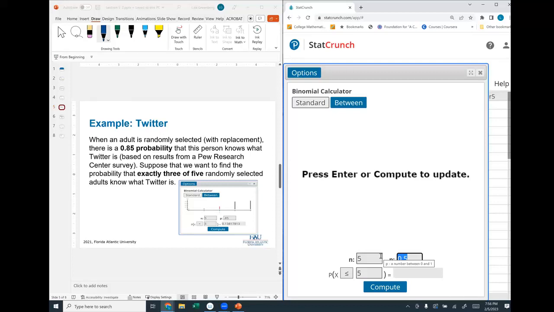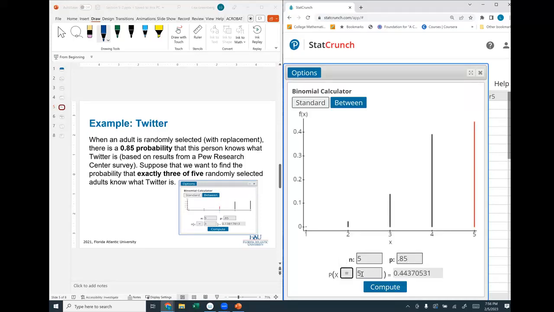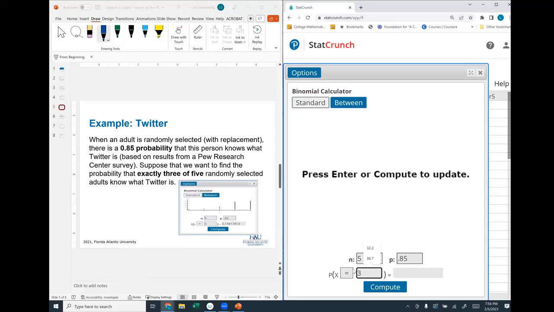So that's the probability that the person knows what Twitter is, right? So this is 0.85. And now the probability that X, so we want exactly, so we want equals 3.